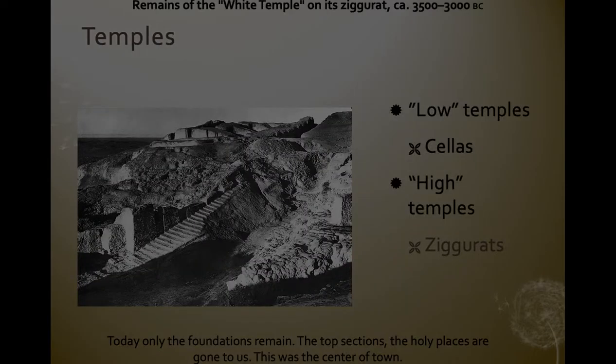All right, temples. Temple architecture became Sumer's focus. Scholars distinguish two types of Sumerian temples. You have your low temples that sat at ground level. The temples had four corners that were usually aligned with the cardinal points of a compass, so they were facing north, east, south, and west.